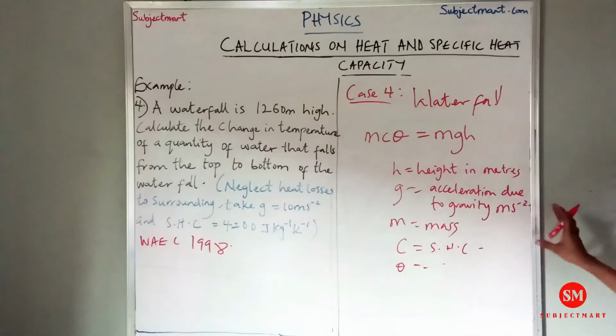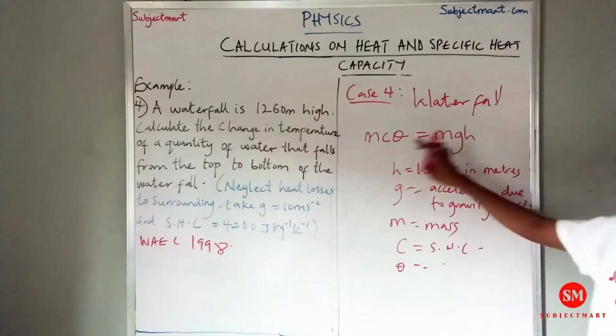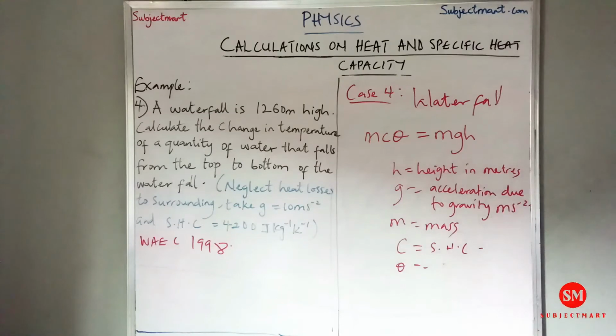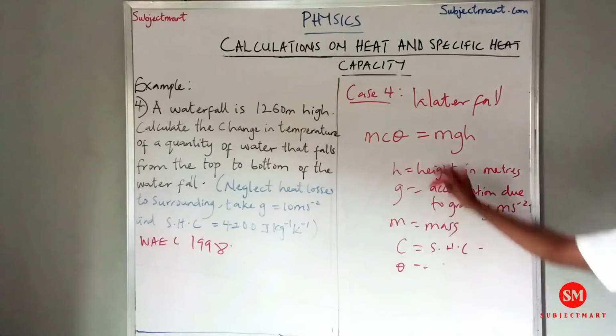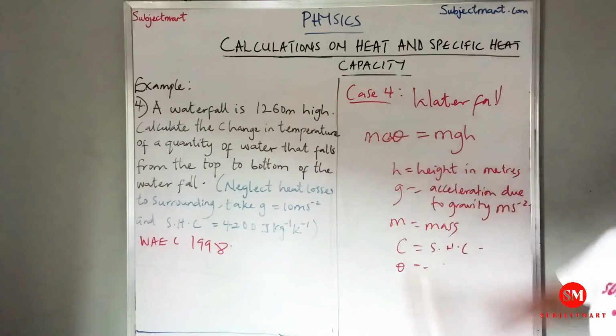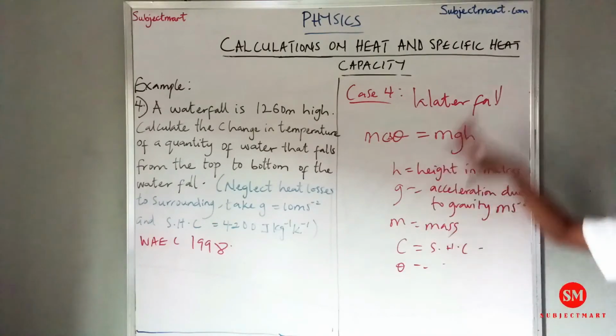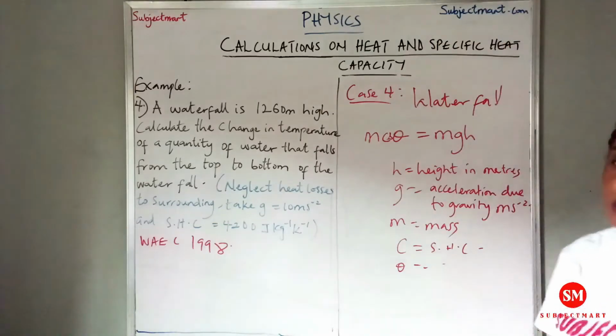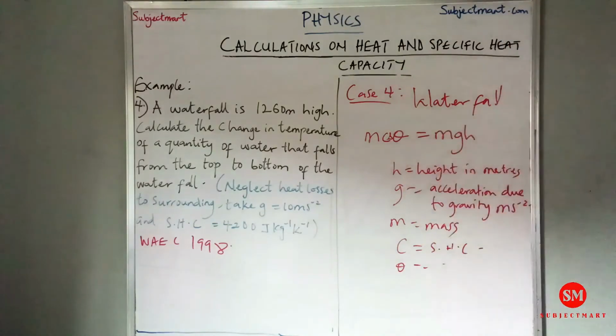So most of the time, for this case, we have just one theta, one C. Usually you'll be asked to calculate the change in temperature while the water was at a height, and by the time it fell on the ground, there will be a change in temperature.